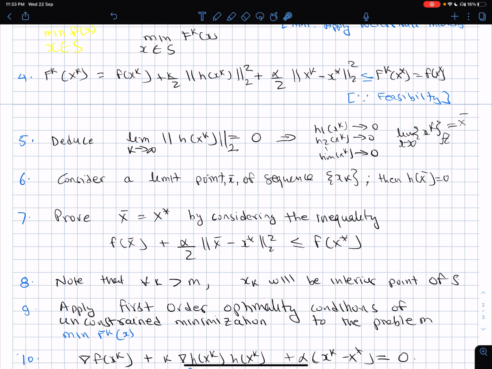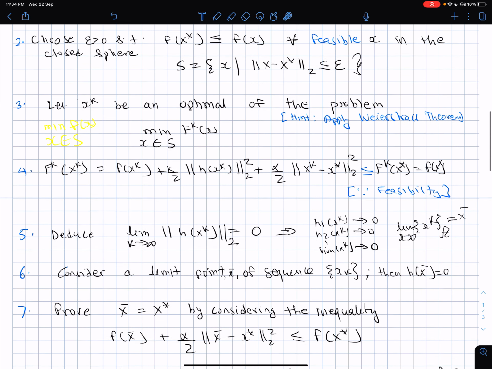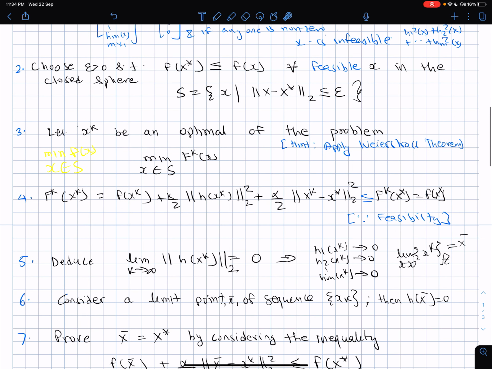But if f of x bar is strictly less than f of x star, and x bar is a feasible point. Why is it a feasible point? Because it meets the requirement h of x bar equal to 0, and it is in that epsilon neighborhood where x star is the point that nobody can beat, no feasible point can beat x star.